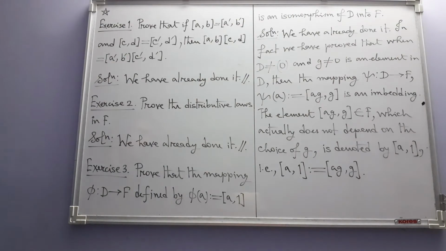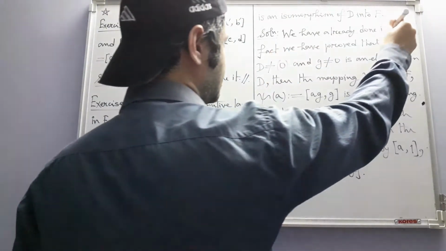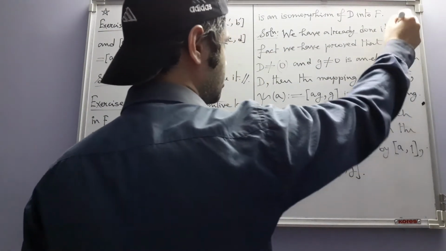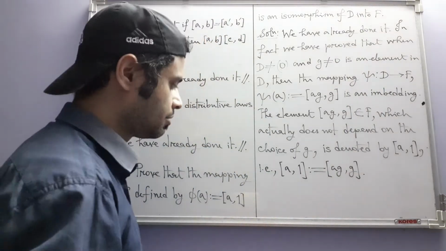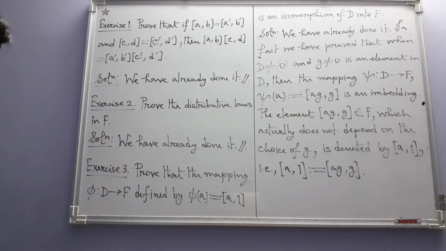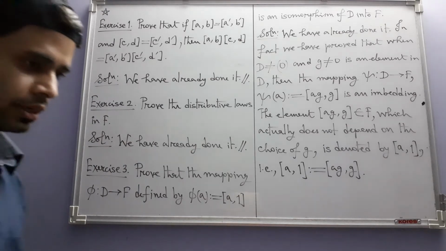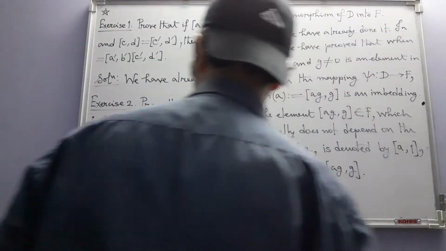And this is our remark actually. We have already done it. This is the solution and the rest is remark. Okay. Now we come to some exercise that we will actually have to solve.